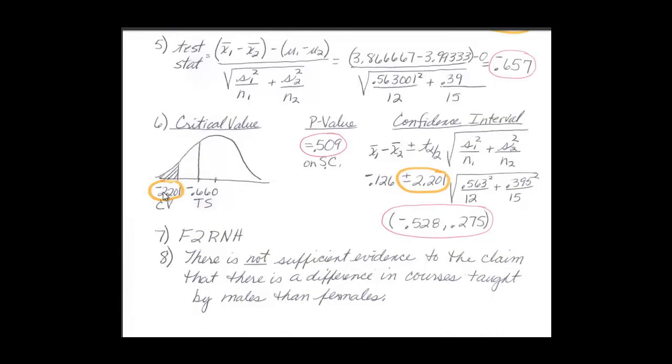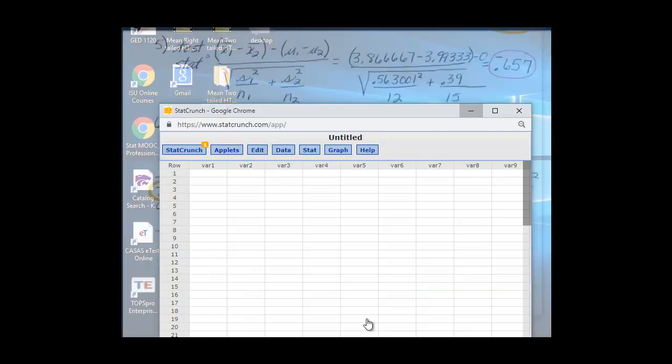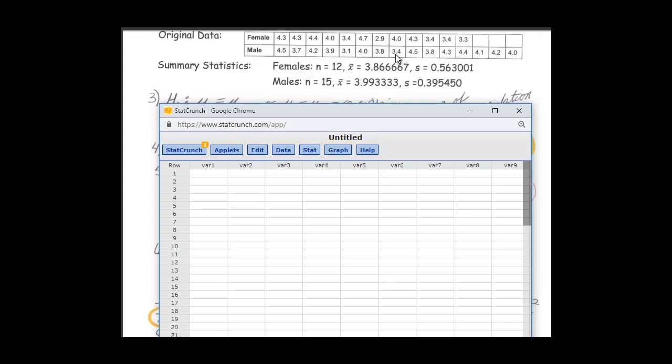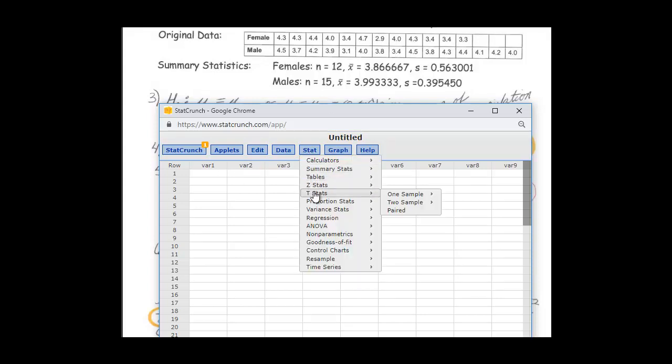But we can see that it doesn't fall in the rejection zone. To get the exact p-value, I have to go to StatCrunch, and so I might as well do that right now. Okay, we're going into Stat, T Stats, and over to Two Sample, this time with summary.